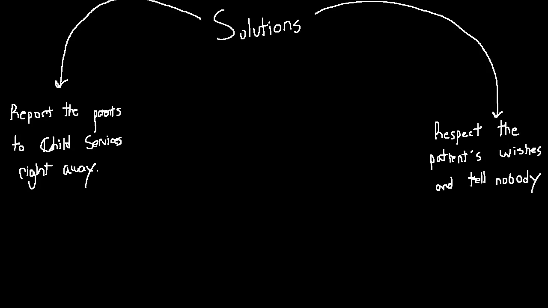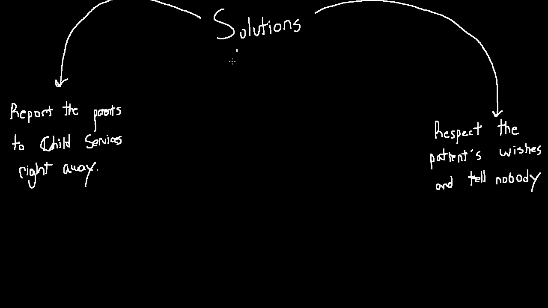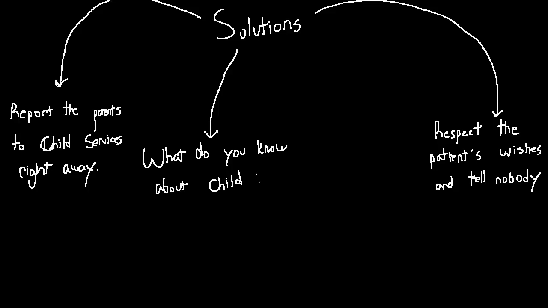So that's going to be the main solution we're going to have here, which is: what do you know about child services? Because presumably when the patient asks you not to tell anybody, he's mainly talking about not telling child services.